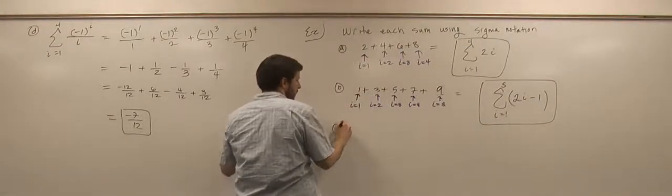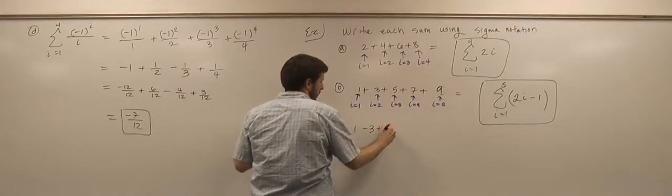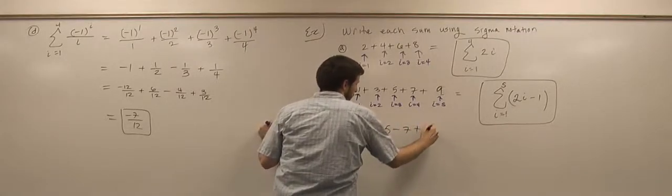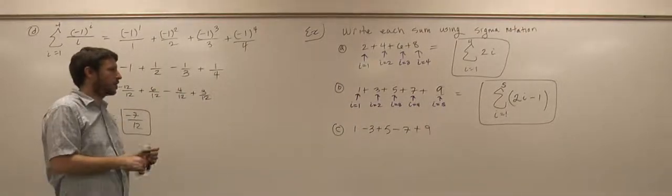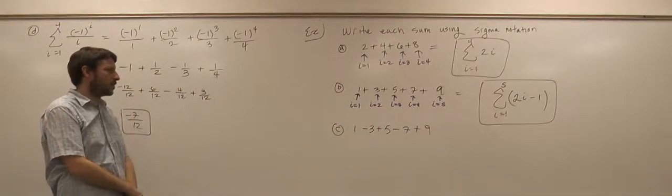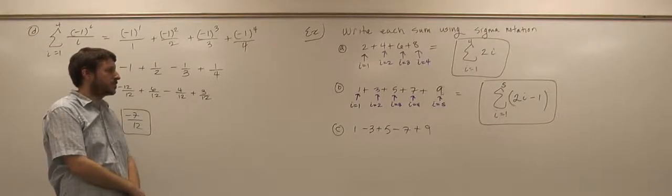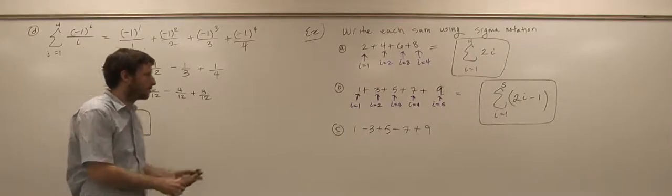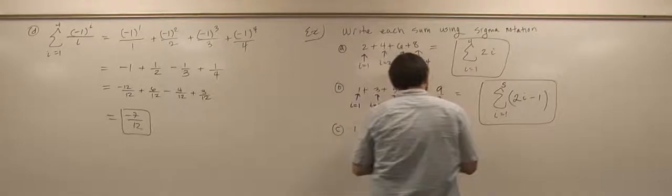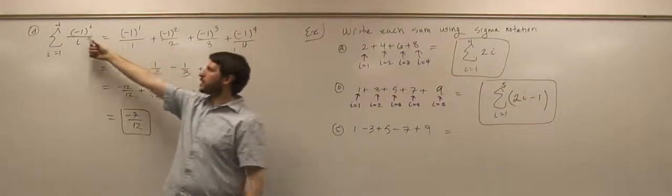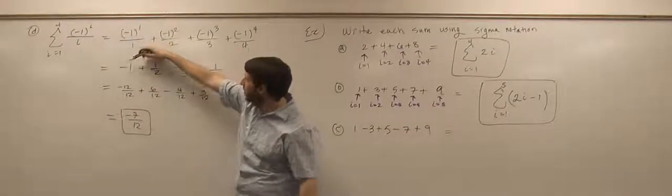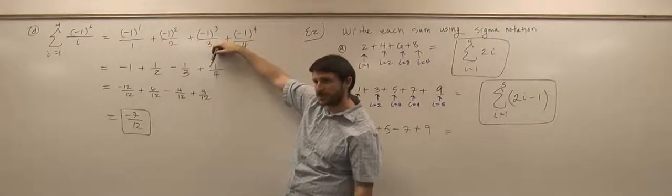By the way, what if I throw some minus signs in there? Times negative 1. Yeah, so look on this example here. See how we had a minus, then a plus, then a minus, then a plus?